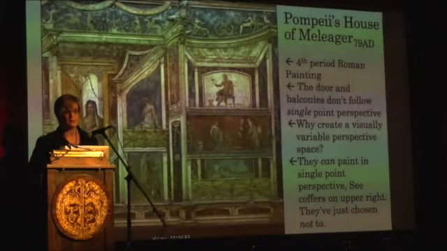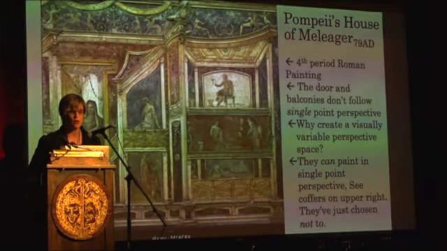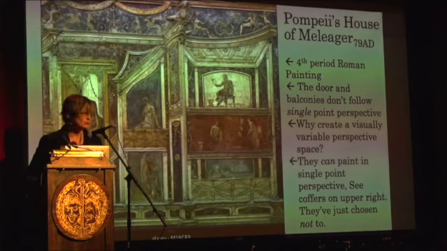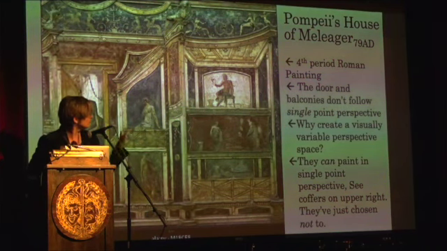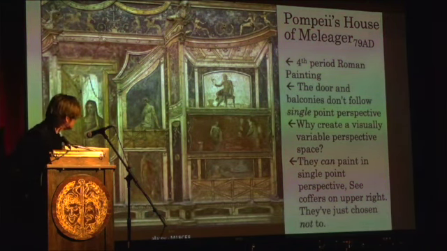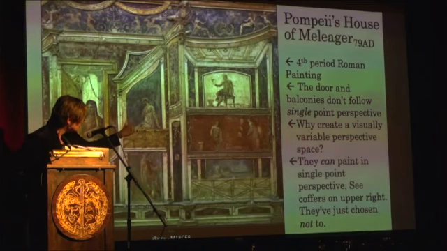So the House of Meliagara has this picture on the wall. Instead of making a lot of windows, Romans made a lot of really pretty wall paintings, and they were sort of built into the wall themselves, so they're attached to the wall. The door and balconies don't follow single point perspective in here. So that door behind me, and then the 3 balconies that are here, all in different spaces.